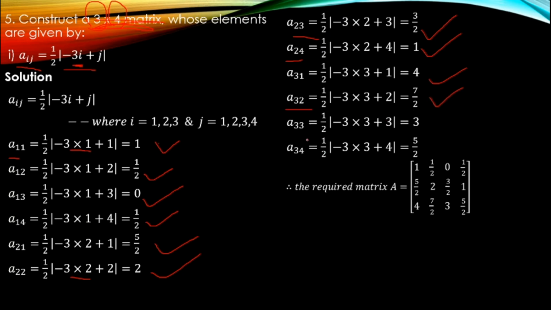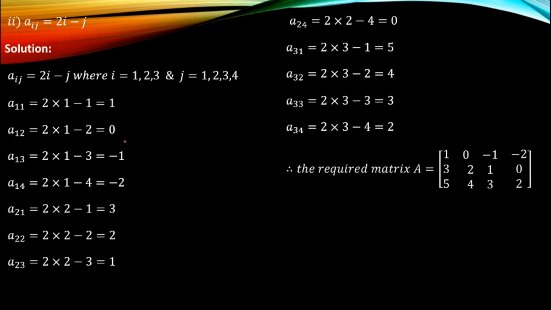These are simple problems, simple calculations which you have been doing from your lower classes, so I need not go in depth. a33 is 3, you need not spend your brain over here. a34, so we come to the last element, that is 5 by 2. Accordingly, please write the elements properly, and when you do these problems, please don't commit any mistake. One silly mistake will lead to loss of marks. Here we complete this.